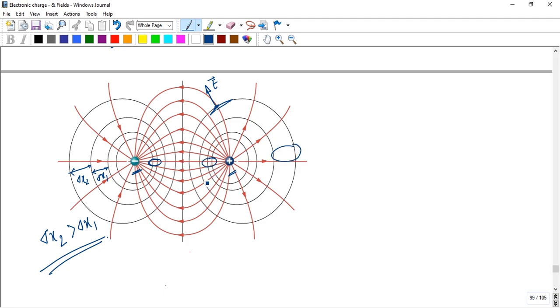And you see carefully, the gap between two electric field lines is very small here, and larger there. Starting from positive, ending at negative. So here is more dense, there is less dense. Okay. Now that's also an equipotential surface. Equipotential surface.